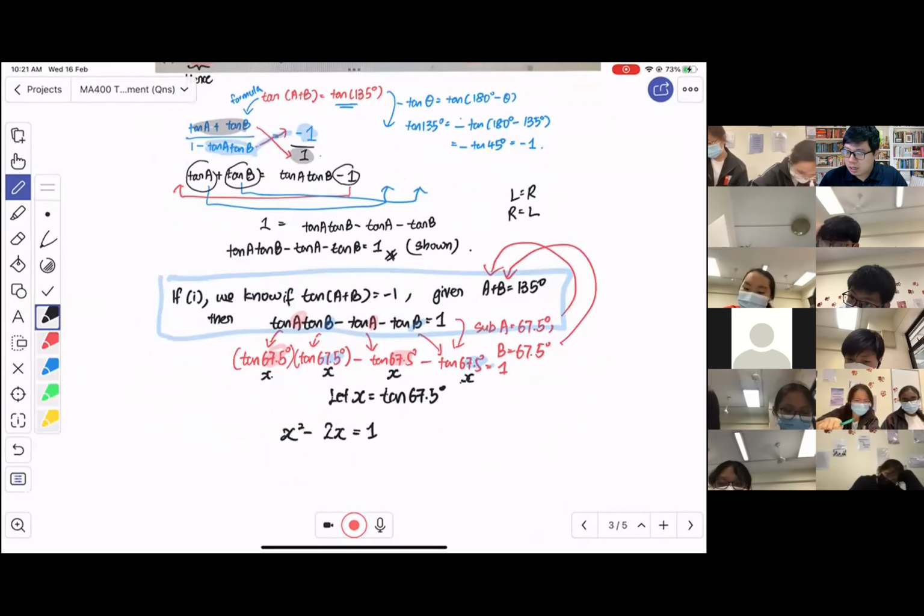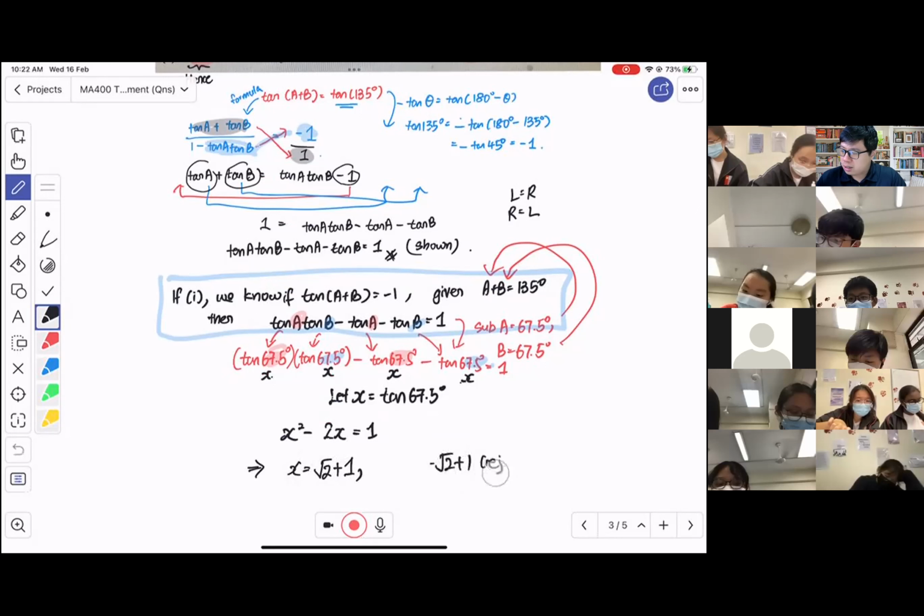Now solving this equation, you can use completing the square. So you get x equals square root 2 plus 1. The other answer is square root 2 minus 1, which you will reject, because x has to be positive.